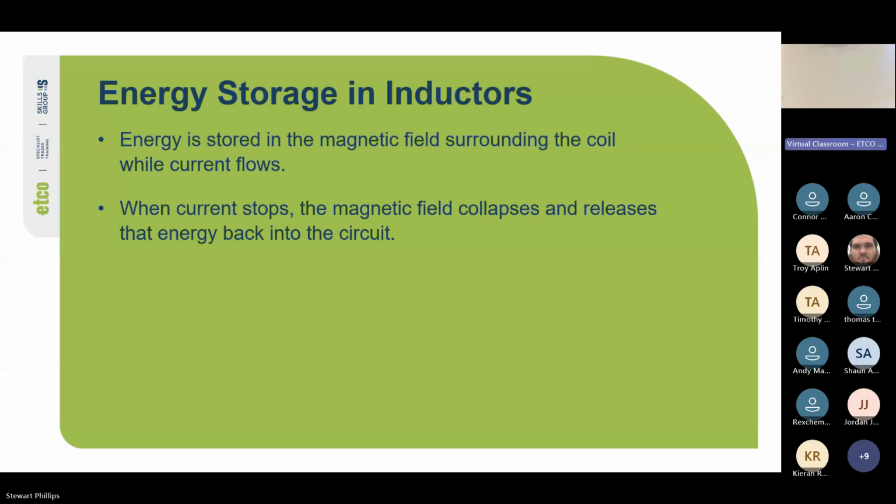So it holds on to the energy for us as long as we have current flow, but as soon as we stop putting current through it, it has a bit of a kickback, which is why we fit diodes into DC circuits for relay coils, so that we don't have this massive kickback. If you open up a DC relay, you will find a diode inside it to protect against this kickback.